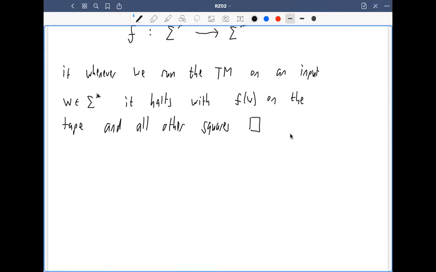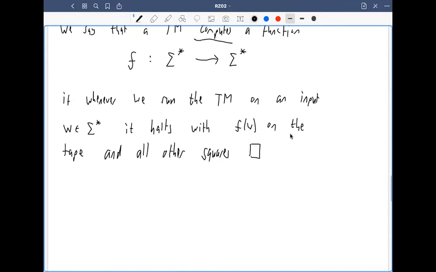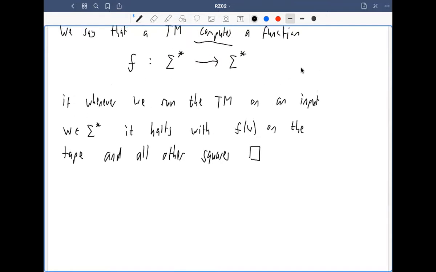So if we've got a Turing machine for f and then a Turing machine for g, and we want to compute g composed with f, so we first apply f to an argument and then apply g, it's kind of convenient to run f first and then have the head in the right position to then start running g.